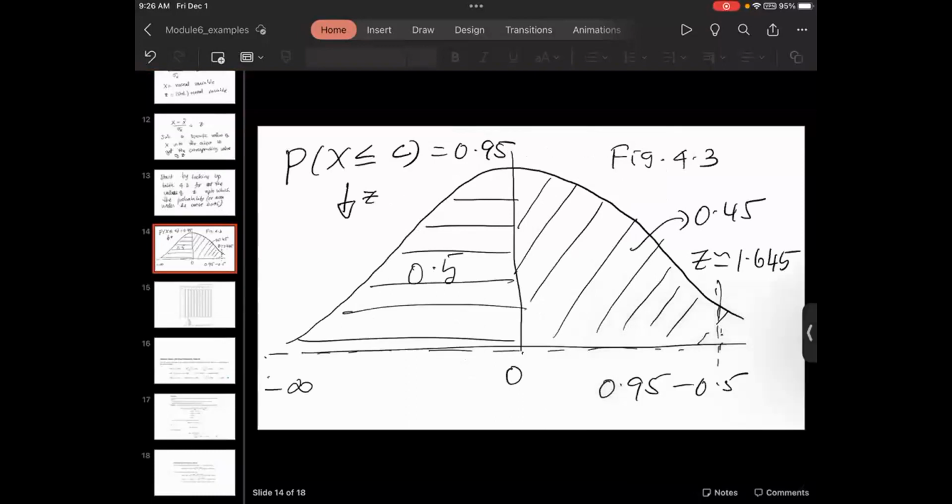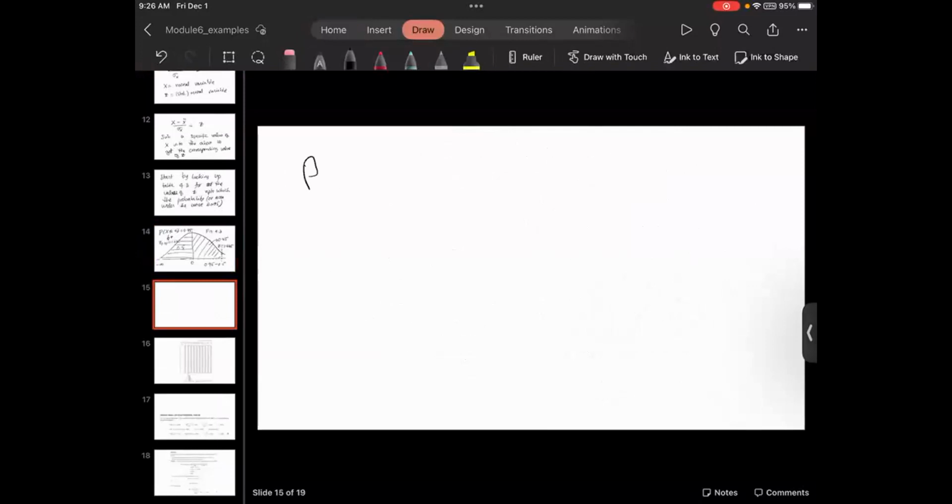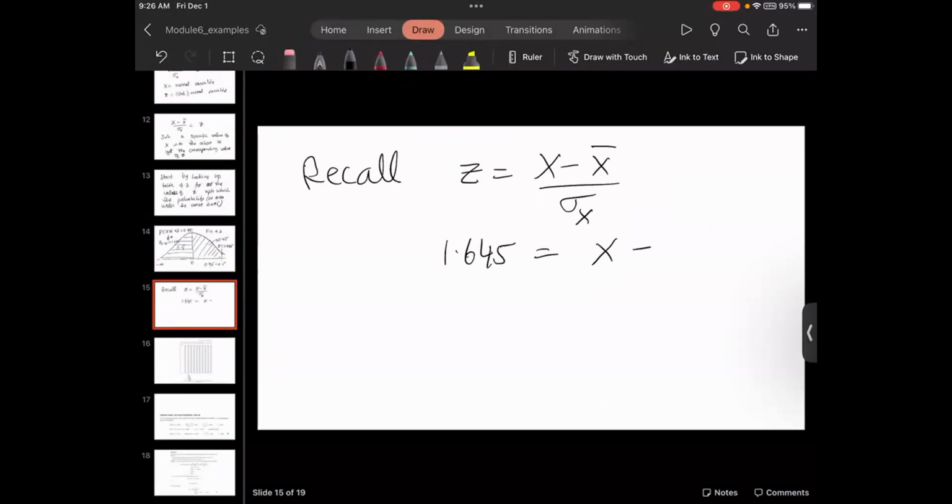So we just wrote that the value of Z to get 0.95 is 1.645. Now we want to recall that Z equals X minus X bar divided by sigma. So if this is 1.645 and this is the X we want to figure out, we'll call it X95 minus X bar.